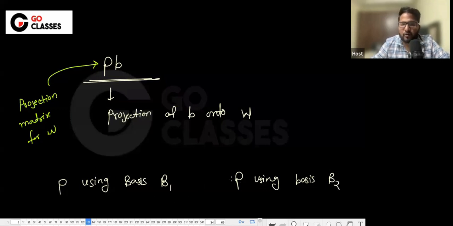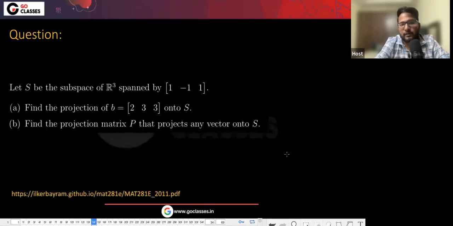Will these two quantities be different or the same? What do you think? These two will actually be the same. It won't matter which basis we are using to compute this P. Ultimately, this P will look the same, because the projection PB has to be the same irrespective of the basis that we are choosing.